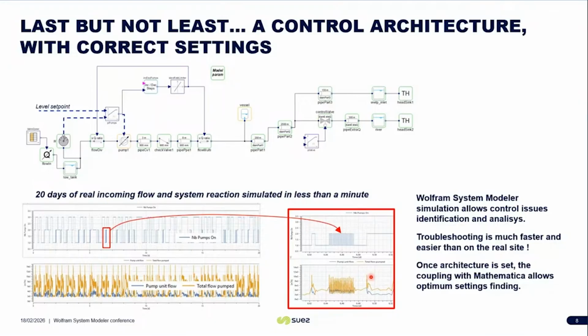It could typically be amplitudes of oscillation to minimize, or overshoots, or number of start and stop of pumps, etc., or a composite variable that takes into account all these factors. So that's part of the things we do with System Modeler, and we started something like 2 years ago with little things, and now we can really use it on real cases, and with great benefits.